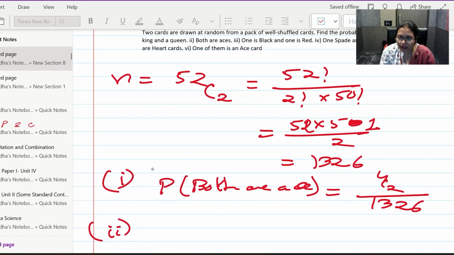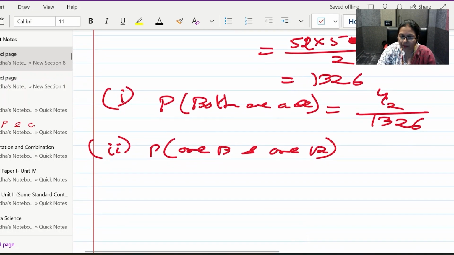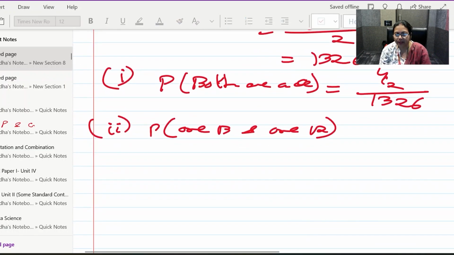Second question, what we are getting here? 1 black and 1 red. Fine. I'm getting 1 black card and 1 red. Okay. In probability, and means if they are independent. Later on we will do the laws of probability, and obviously black card and red card, they are independent. Then we multiply for and, and for or we add. So 1 black card and 1 red card.